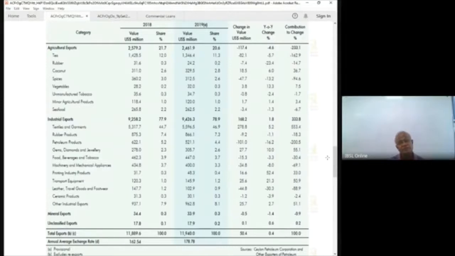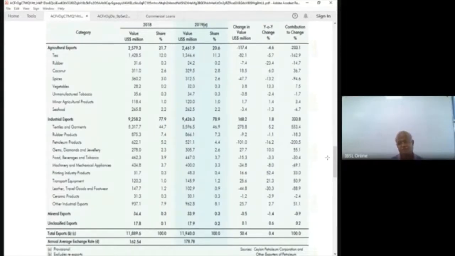Agriculture, what are the main exports? Tea, rubber, coconut, spices, vegetables, unmanufactured tobacco, minor agricultural products, seafood also. These are the agricultural exports. Total value in 2019 was 2.61 US dollars million.